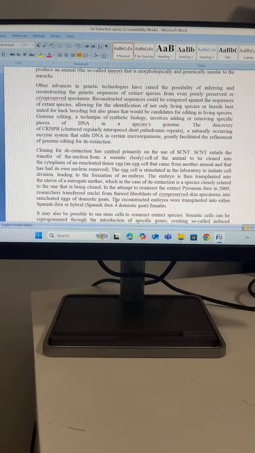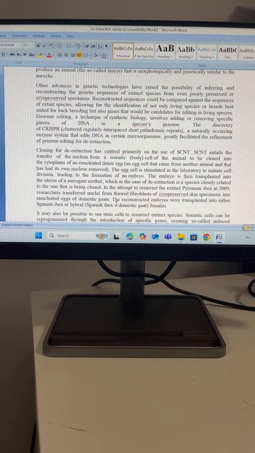The egg cell is stimulated in the laboratory to initiate cell division, leading to the formation of an embryo. The embryo is then transplanted into the uterus of a surrogate mother, which in the case of de-extinction is a species closely related to the one that is being cloned.